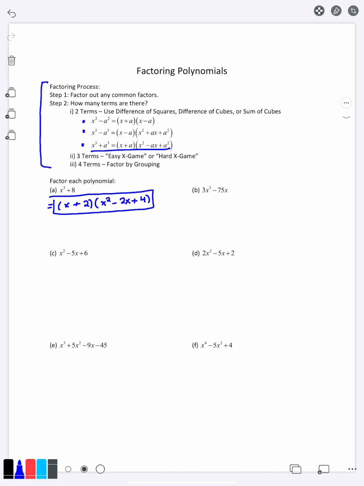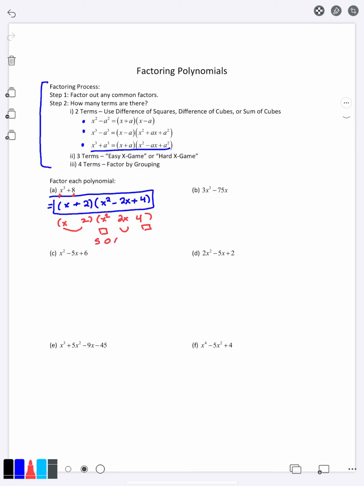Now, I will tell you there's a little trick to help you remember it. You write down your 2 numbers that you get from the original problem. And then what was taught to me a long time ago is square, smile, square. So you square the first one, you get x squared. You smile them, you get 2x. You square the second one, you get 4.